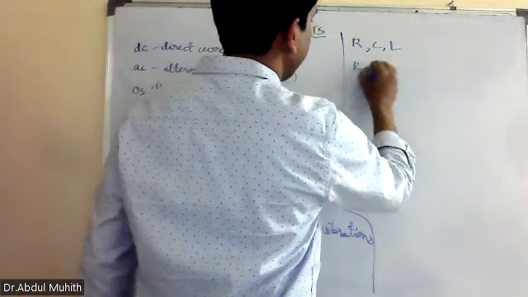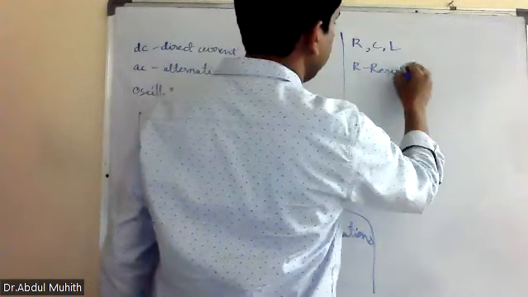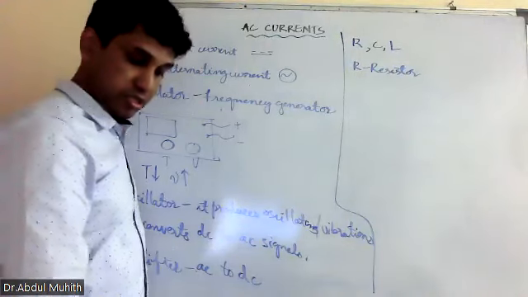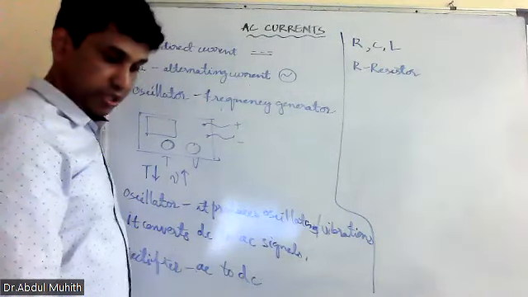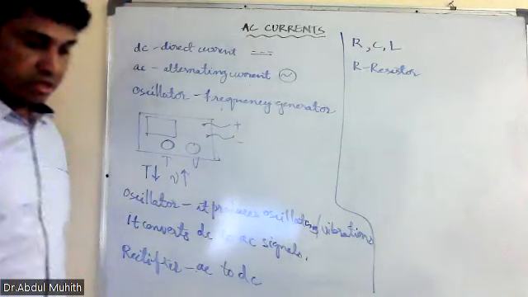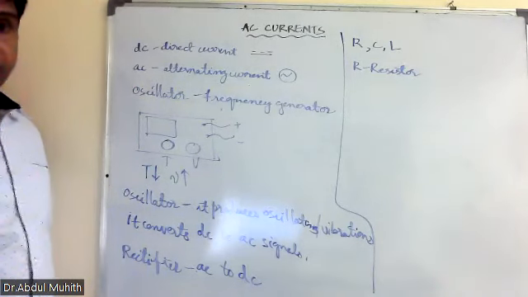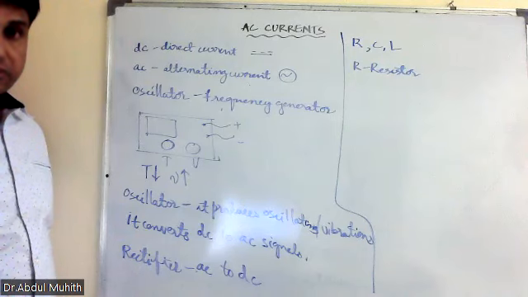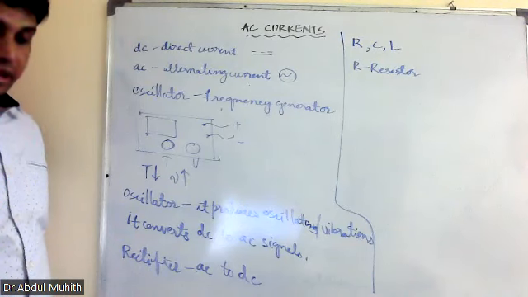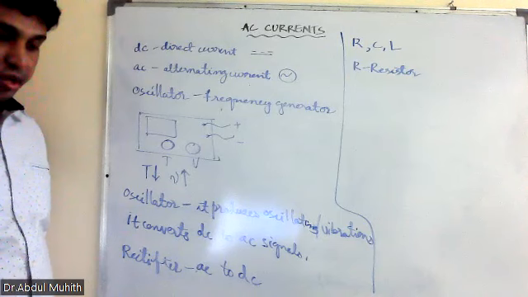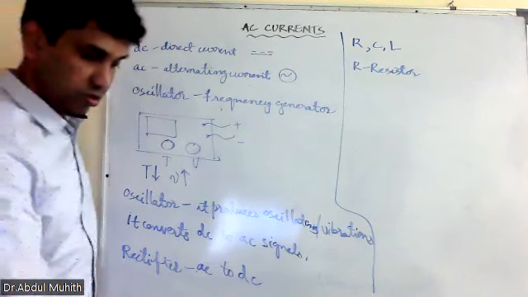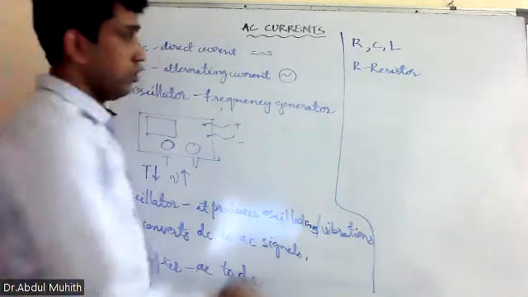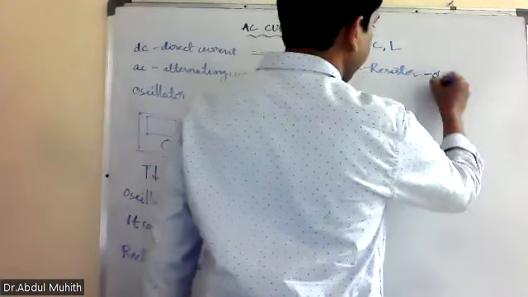R is resistor. What is the function of a resistor? A resistor opposes the flow of current, right?